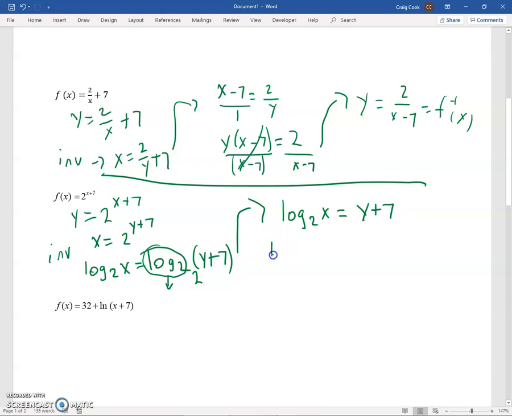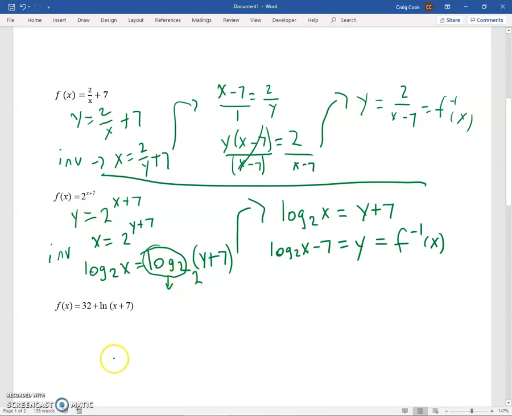So you subtract, and there is our inverse. So everyone's going to be the same. We switch the x's and the y's and we solve for y. If it's division, we're going to multiply, addition, subtract. If it's an exponential like this one, we're going to have to take a log.